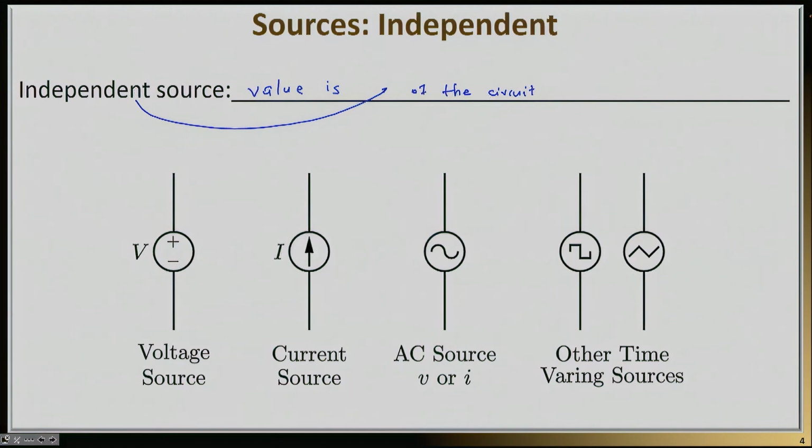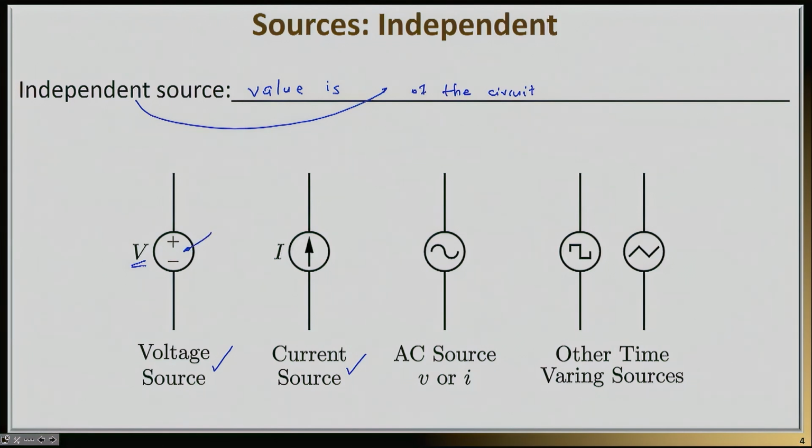Now, we have independent sources that may be voltage sources. This is an example of a voltage source here, or it can be a current source. And notice the symbols. We have actually used those symbols before. A voltage source is typically indicated by V, which is the value of the voltage, and the polarity.